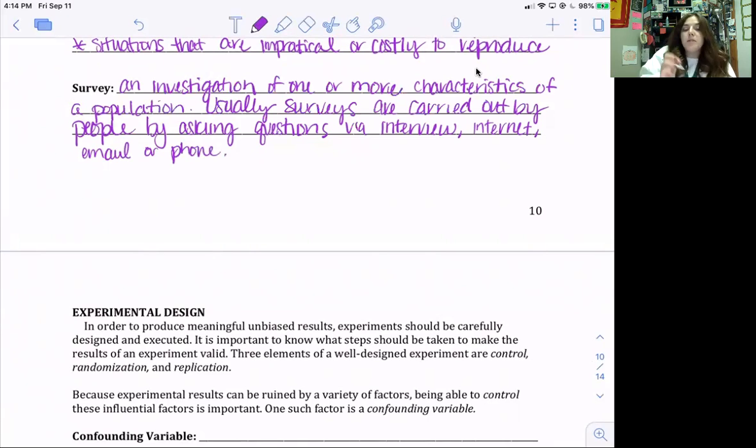The most common and well-known survey is your census. Okay, remember we talked about this as being a survey of the entire population.